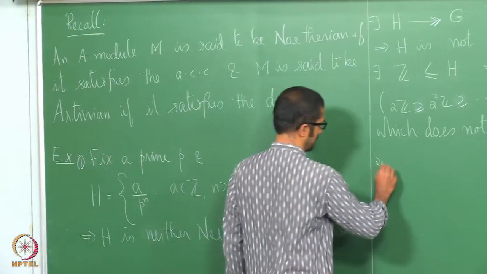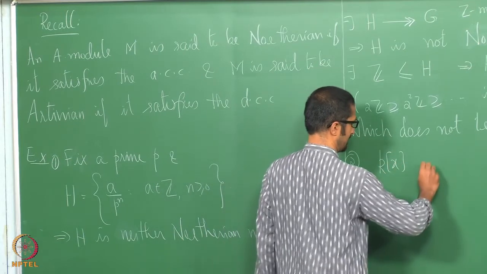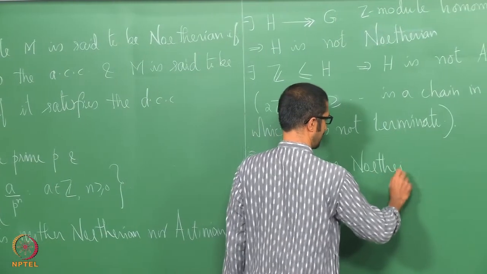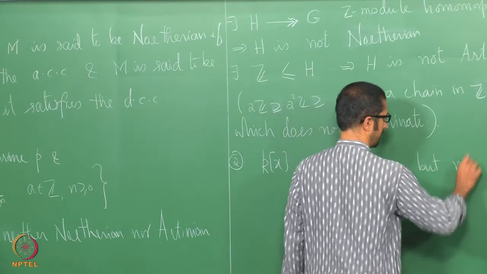Another example is Kx is Noetherian but not Artinian.